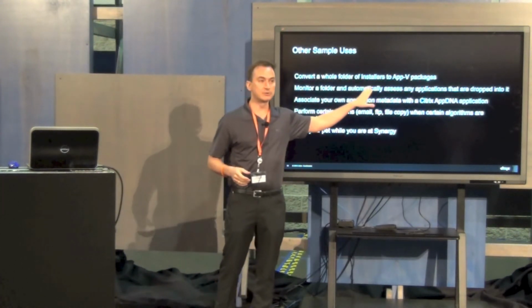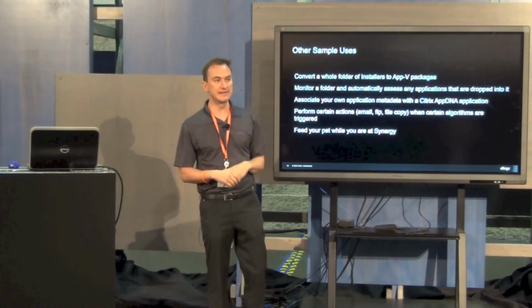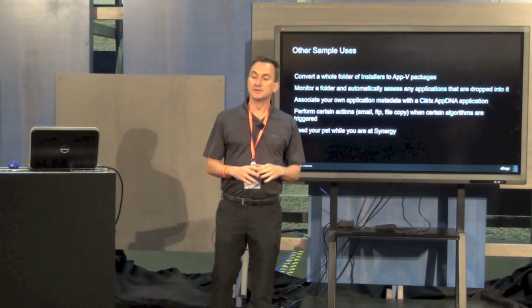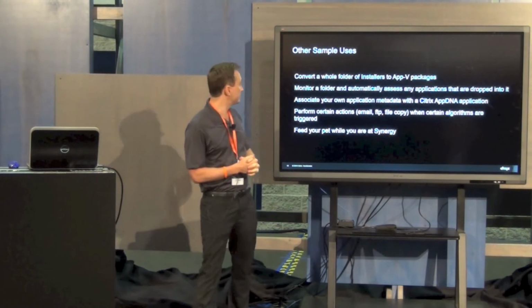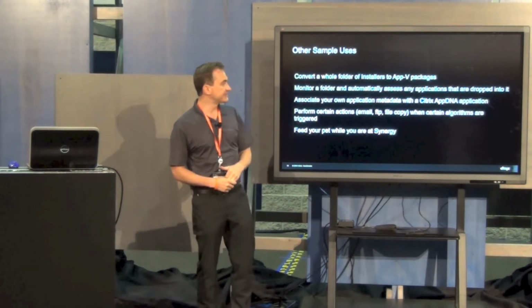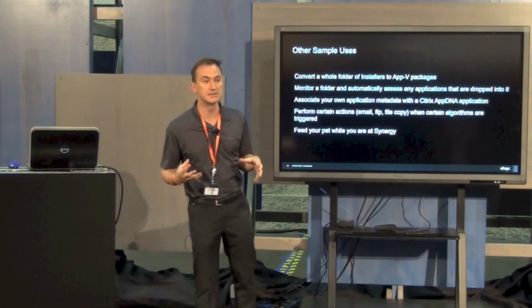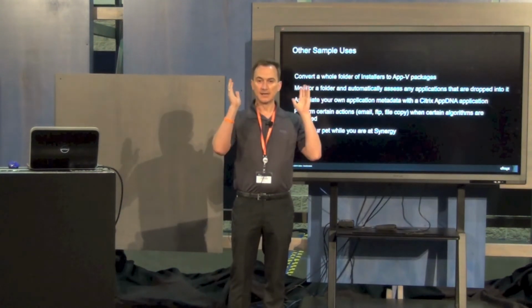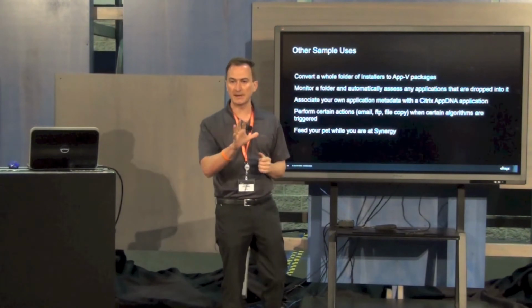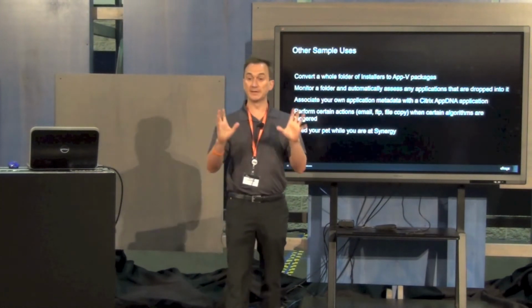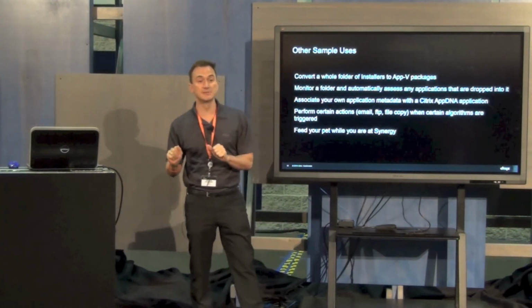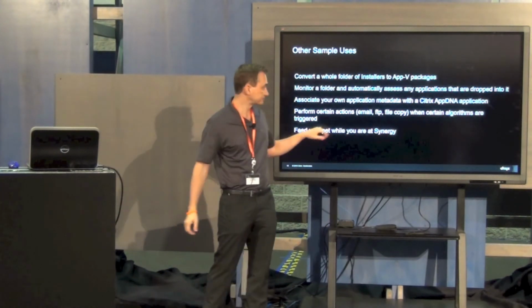We use the Microsoft command line sequencer in doing the AppV packaging, so there's nothing proprietary there. Monitor a folder and assess applications that are dropped in. This is another use case that is very often requested. You know what? I want to have a folder that my customers can just drop applications in. We pick it up, we assess it, and we email the results to a third party.